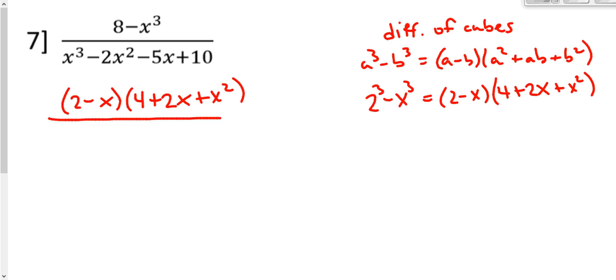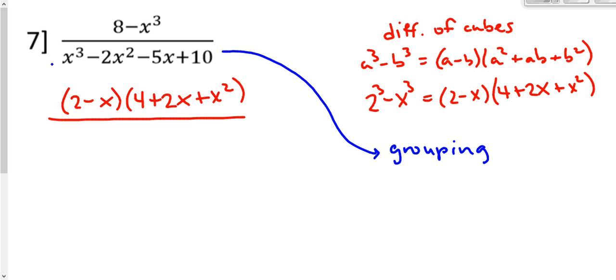And then let's take a look at that denominator. Hey, do you remember how to factor things like that? When you have those 4 terms like that, you could factor by grouping. So you could factor an x squared out of the first 2 terms, and that gives you x squared times the quantity x minus 2.